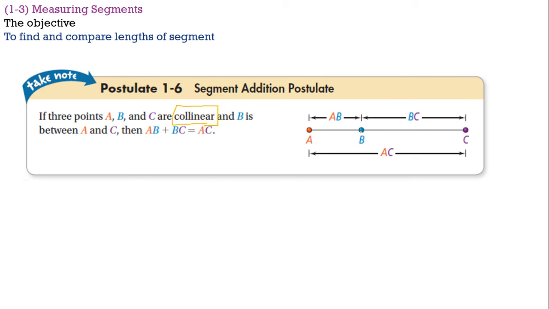Since this point will cut this segment into 2 segments, this segment plus this one will give me the whole segment. So AB, this side, plus BC will give me all of this, which is AC. Right?